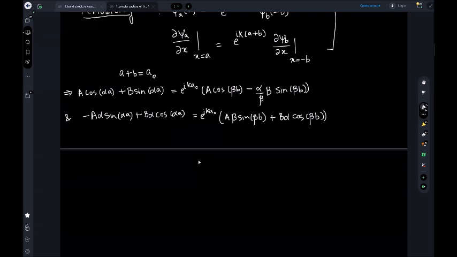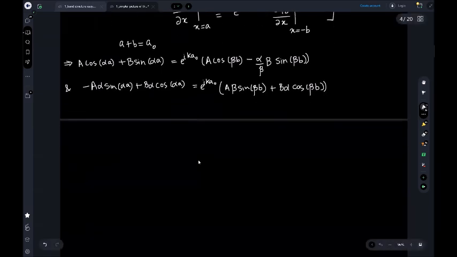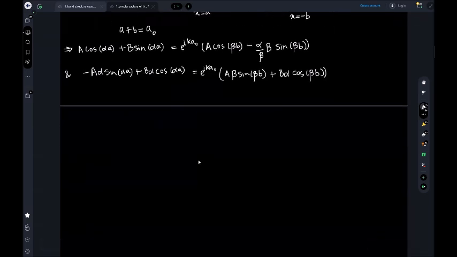So I'm going to rearrange this and write it so that we have the coefficients of A and B on the same side.